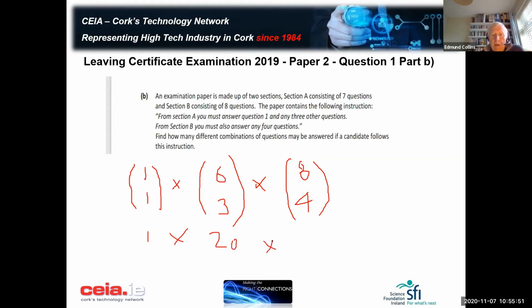And then finally, for N equal to 8 and R equal to 4, that's going to equal 70. So our total number of combinations is 1,400.